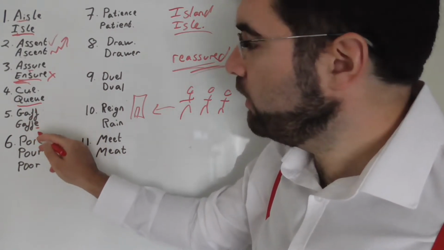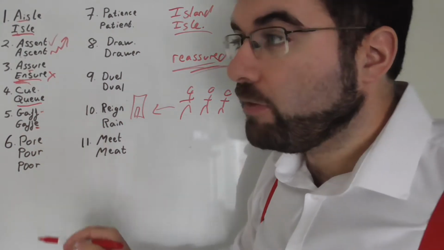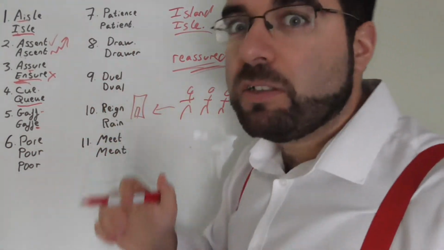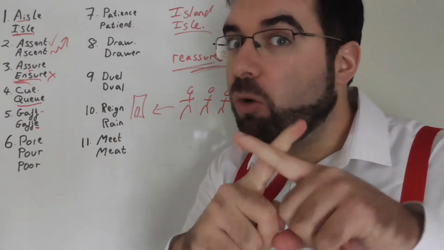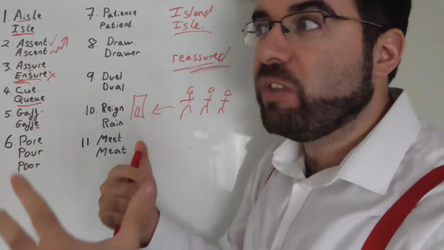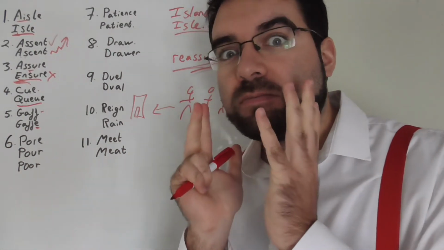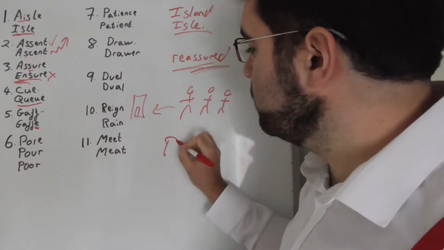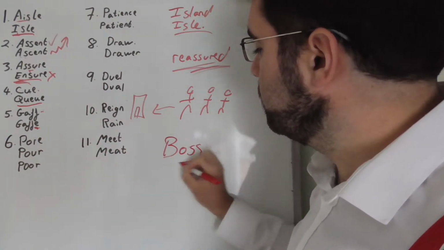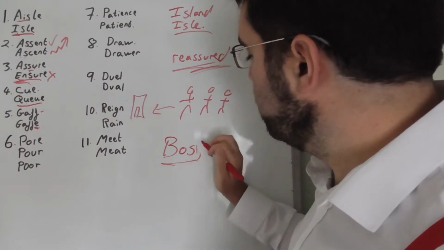And gaffe and gaffer. So gaffe is to make a mistake. Oh, a blunder. You said something that you didn't mean, or you did something by accident, and then you want to change it. And gaffer is a boss.